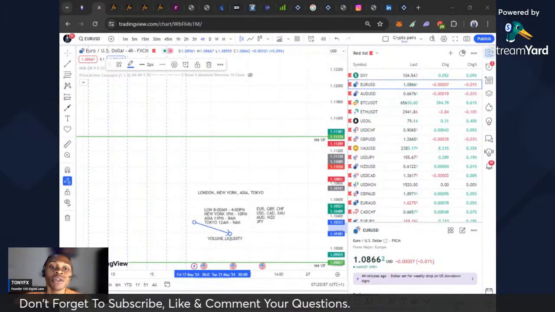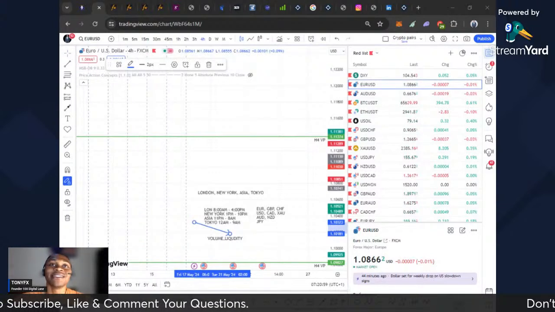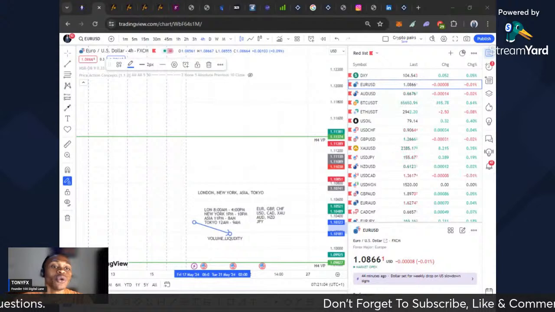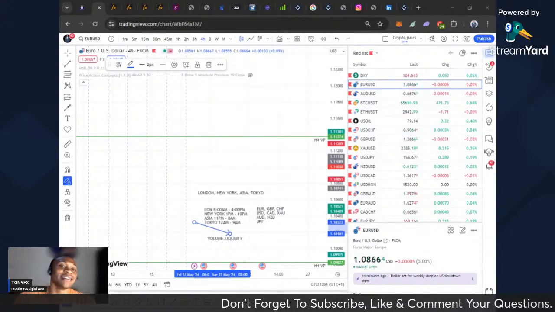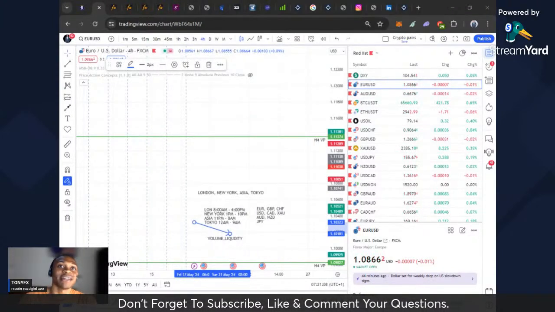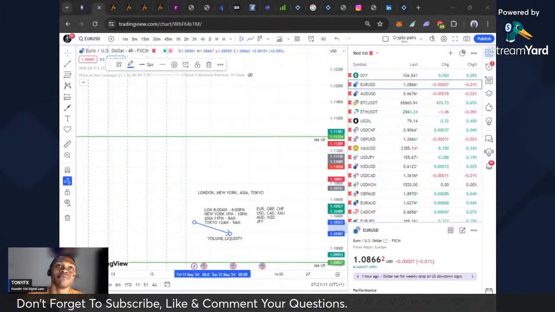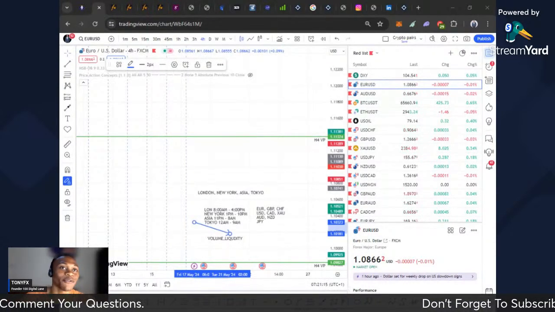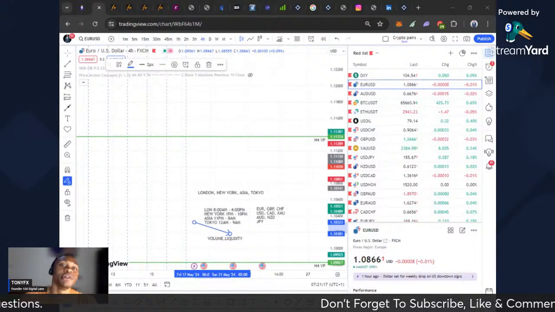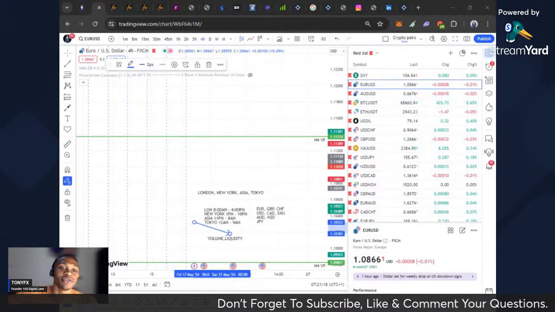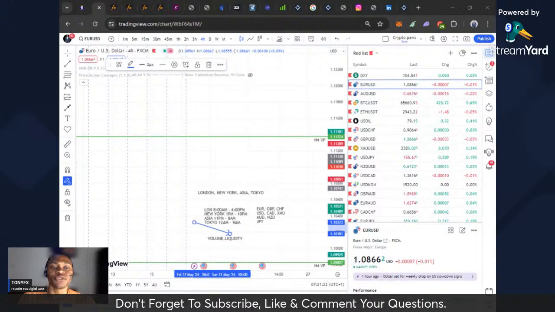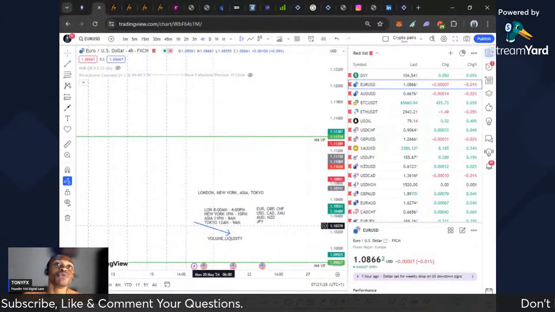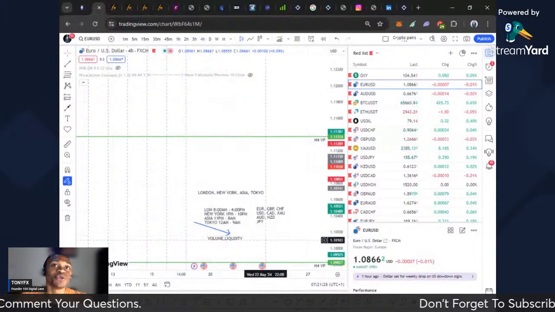Although our money counts for less than 2% of the total volume, about 98% of the money that moves this market is brought in by banks, investment banks, and hedge funds. Those people have billions and trillions to trade the financial market. So mainly we need to trade when these guys are trading.